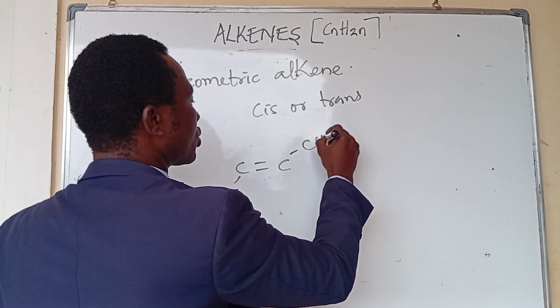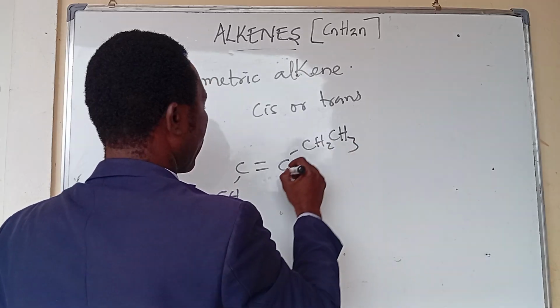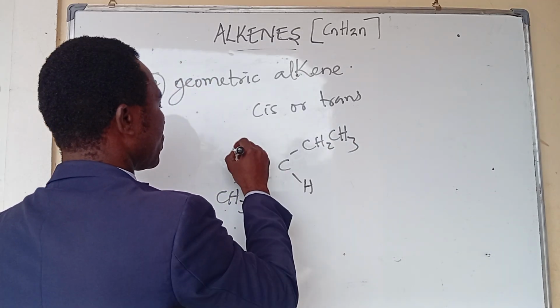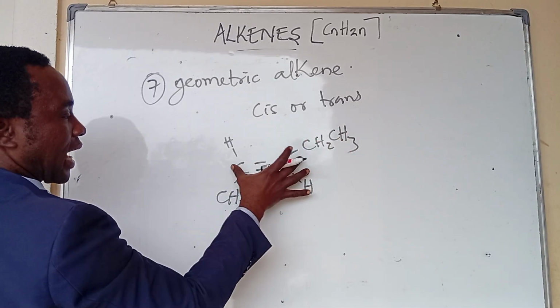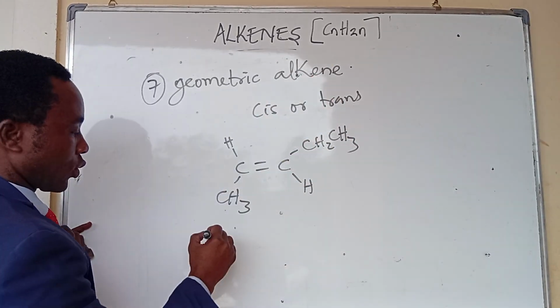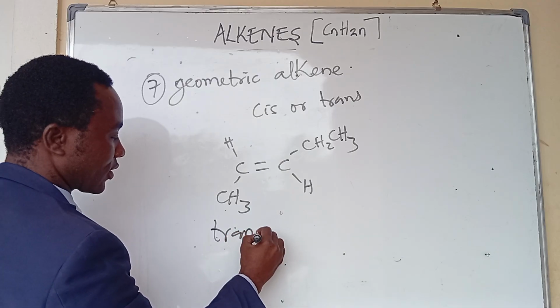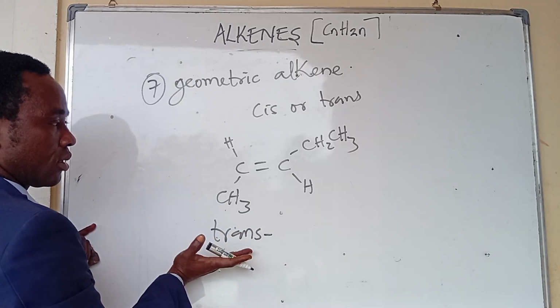Here we have CH2 and CH3. This is H and this is H. Because the groups that are added to this are at opposite sides, it is trans. This becomes trans as a prefix.